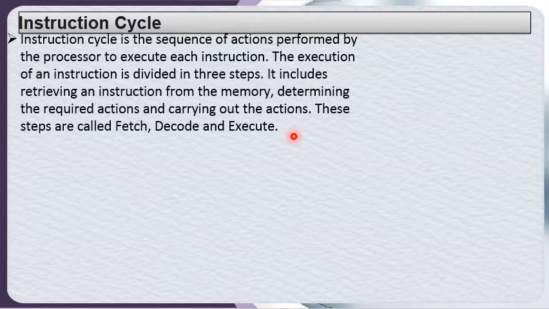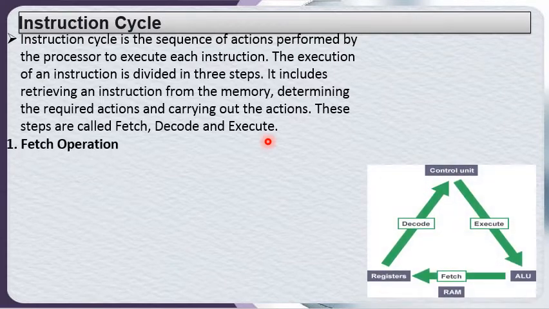The instruction is retrieved from main memory, then it checks which action is required, and the last step is to carry out that action, or the execution is performed. These steps are called fetch, decode and execute, so this instruction cycle is known as the fetch, decode and execute cycle. So let's start with the fetch operation.